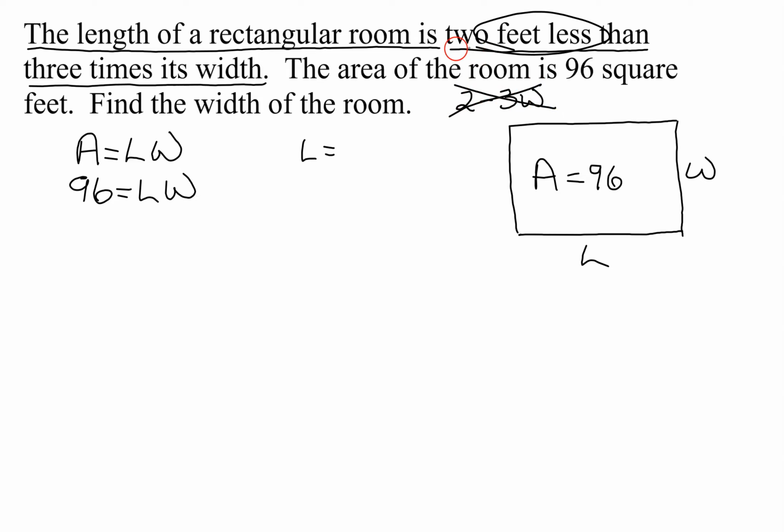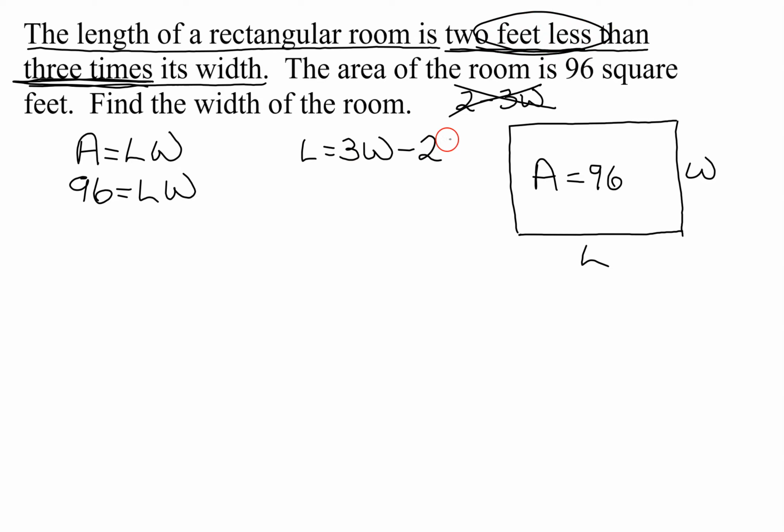If I need 2 feet less than 3 times the width, it means you start with 3 times the width, 3W, and then you're going to subtract 2 from it. So L is in fact 3W minus 2. So be very careful whenever you see these less thans.